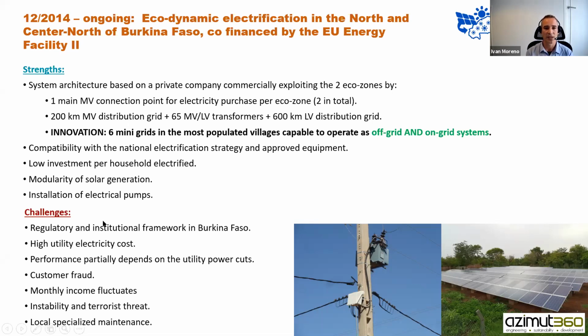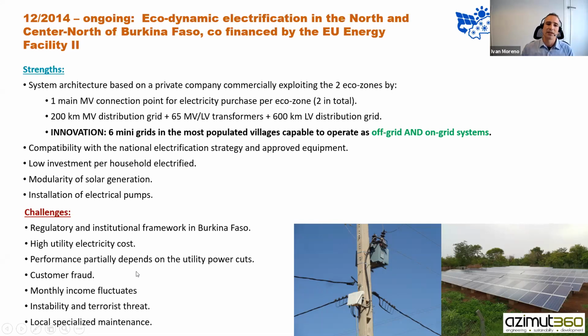Among the challenges, we can see again the institutional framework is always really tough. So the high utility electricity cost as well. The performance depends partially on the utility power cuts. This is always the same.